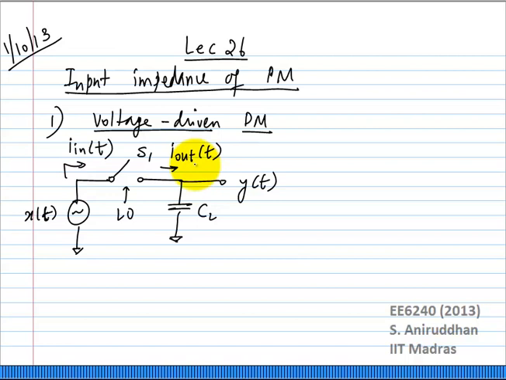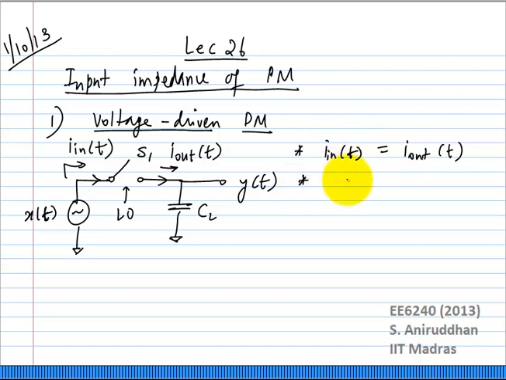What is the relationship between the input current and the output current? They have to be equal. In of t should be equal to I out of t. So that's the first thing we'll state.